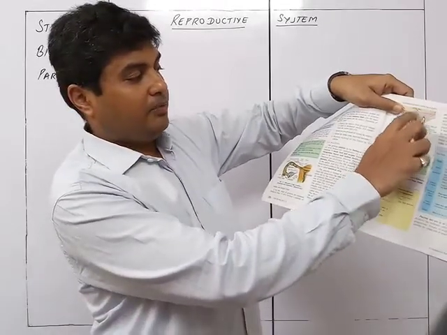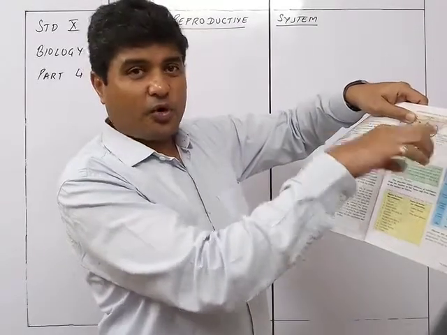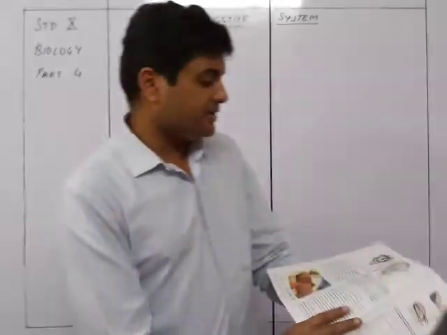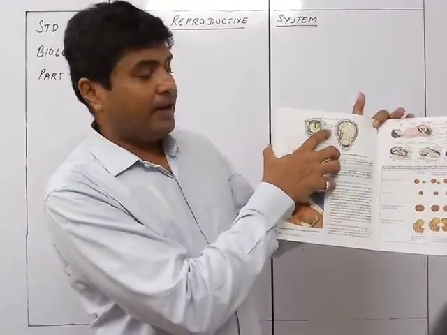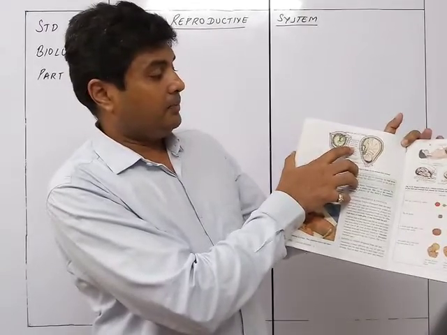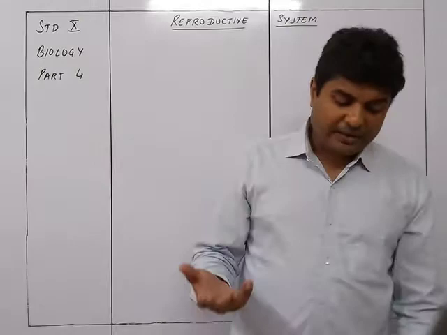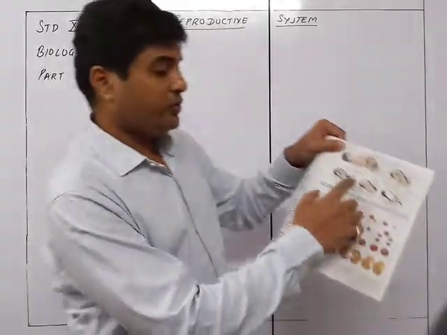Here is the part of the placenta, which is the inflow and outflow of the gases and nutrients. Over here is the amnion and the different parts, the allantois and the chorion, the chorionic layer, the umbilical cord, all those parts are in it. And this also gives you the complete picture over here.